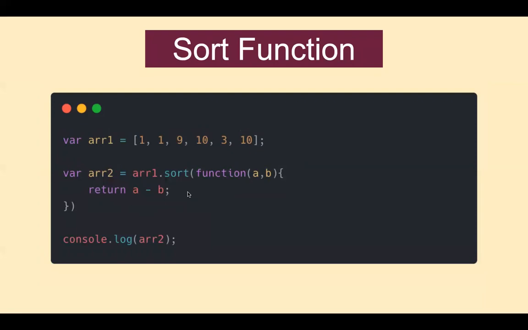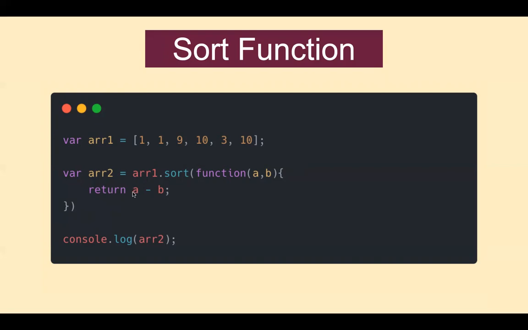Now the third one was sort. Variable array1 is 1, 1, 9, 10, 3, 10. If I do variable array2 equal to array1.sort, it takes a function which can compare two values. Let's suppose I have two values a, b. The sort function takes into account whether a is greater than b. If a is greater than b, then return a positive value.